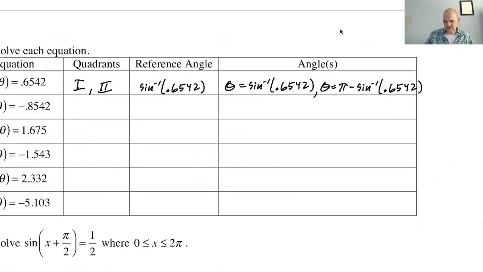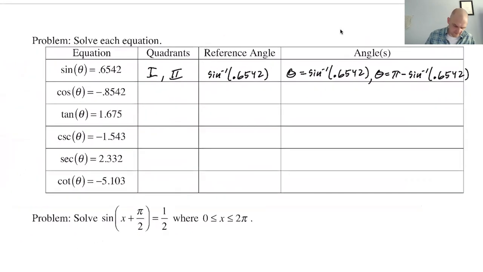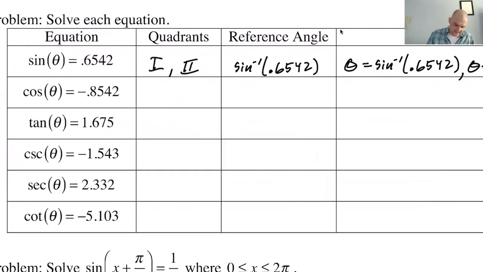And you can see there's no way I'm going to get all these inside the box. I'll get them in the row, but not in the box. Cosine and its negative is quadrants 2 and 3. Our reference angle is the cosine inverse of the absolute value, so 0.8542. And then here we go. I'm going to try to save us some time, so I'm copying.